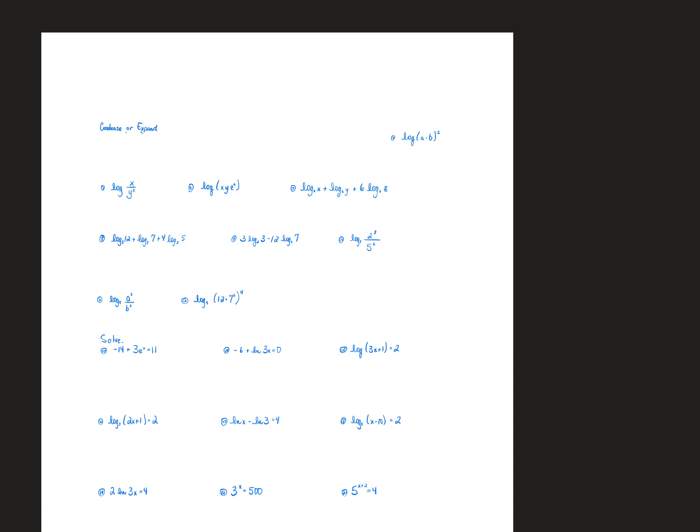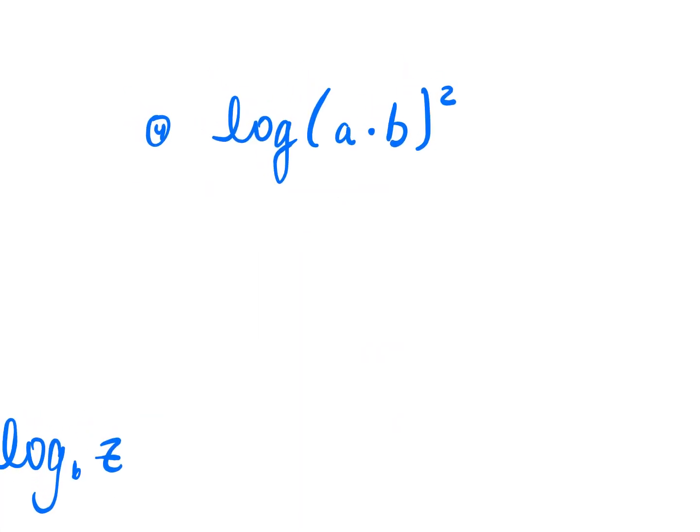So let's do a few examples. We'll start with 4. So here, the a is being squared and the b. So we have log of a squared times b squared. When I'm multiplying, how would I break it apart?